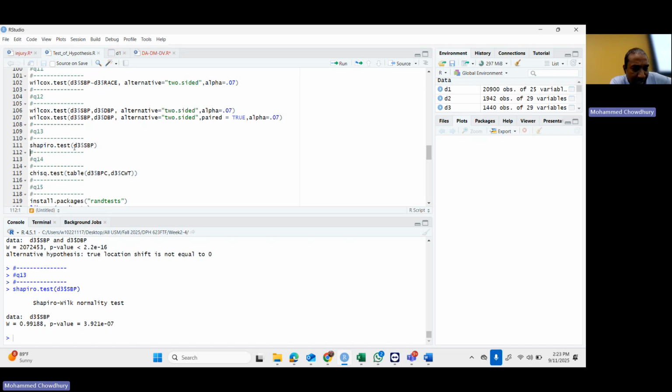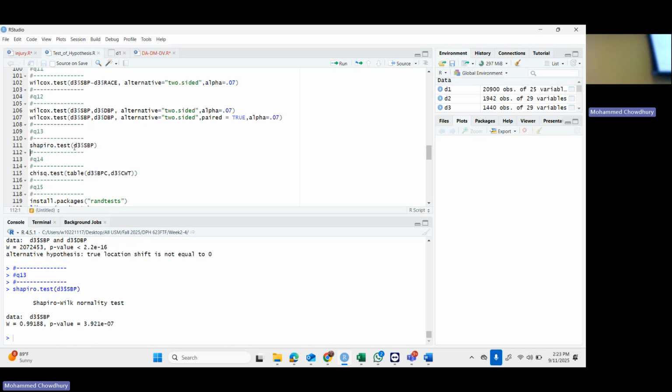And we see that SBP is not normally distributed because the p-value is less than 0.5. When there is a quantitative variable, you construct a histogram and add the top middle point of each bar, and if you get the frequency curve, if that frequency curve looks symmetric, then the data follow a normal distribution. That is by visualization.